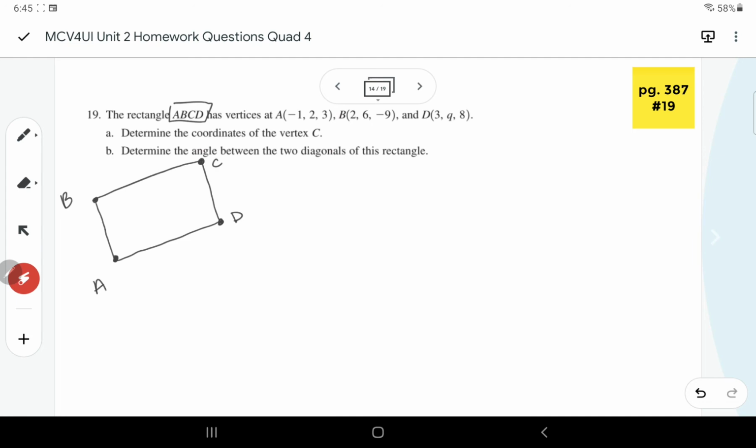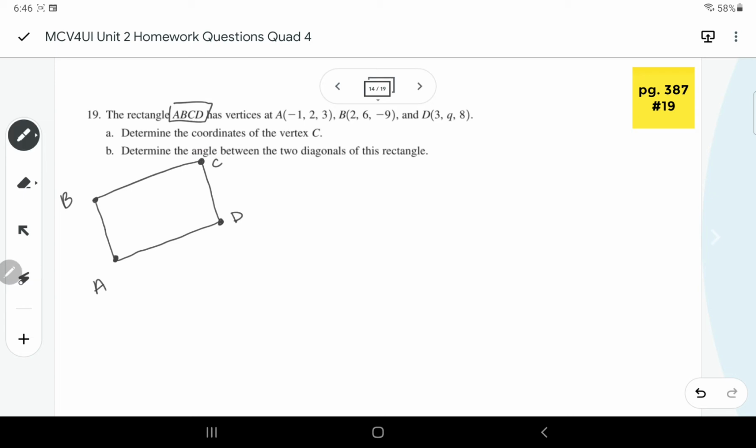So you have to be able to trace them, A, B, C, D. You can't mix up, for instance, C and D, because that would be the rectangle ABDC. The order really does matter there. That's going to be important.